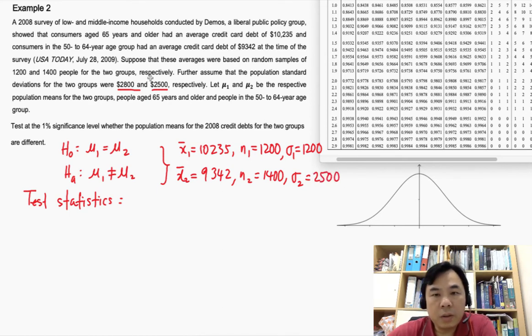Is it 2500? Okay, hold on. I think I wrote it down wrongly. This standard deviation is supposed to be 2800. Okay, so those are the information that we are given. And we know that the standard deviations are given. Therefore, we're going to use the z-score in this case. So the calculated or the observed z value here will be given by this one here.